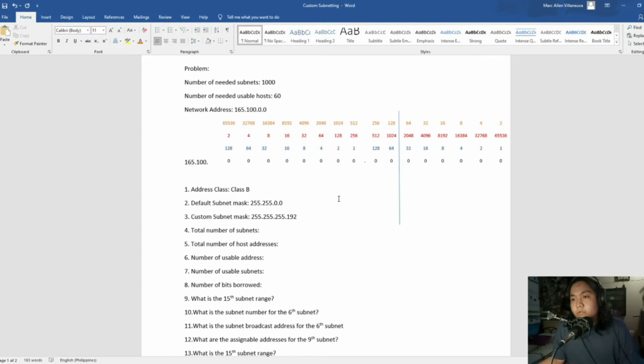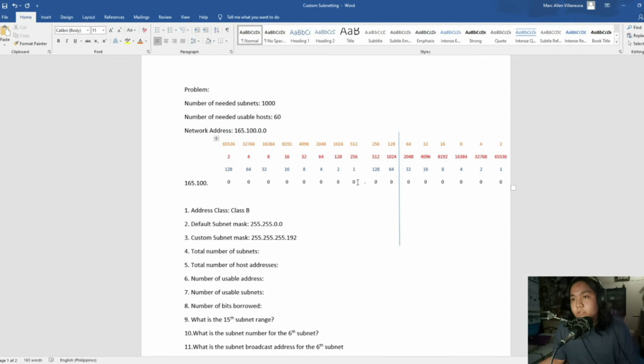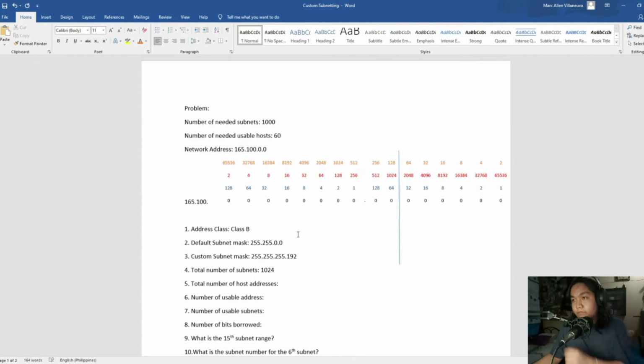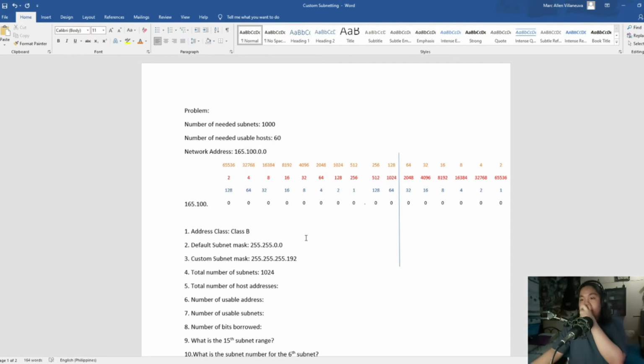Now going back to the given, as you can see, the total number of subnets that we have is 1024. It's right here, 1024. And the total number of host addresses will be 64, since in the given, the number of needed usable hosts is 60.